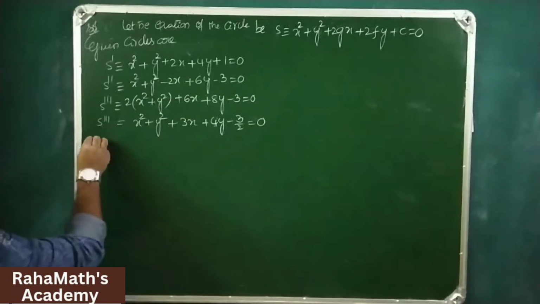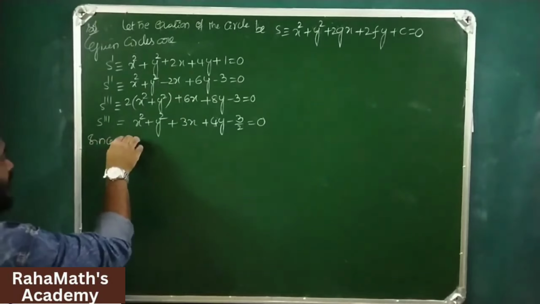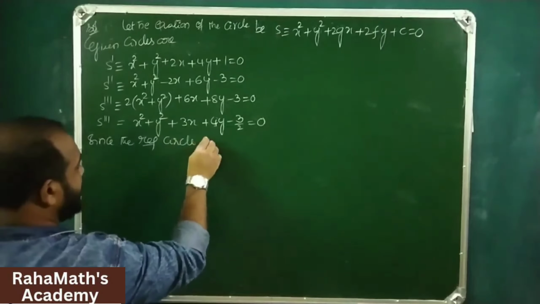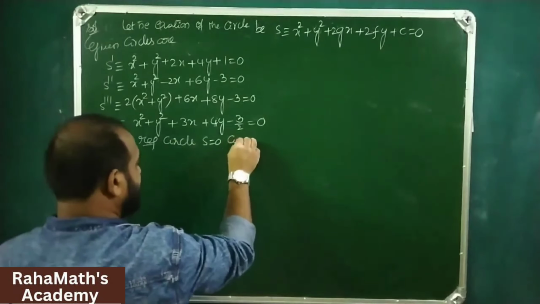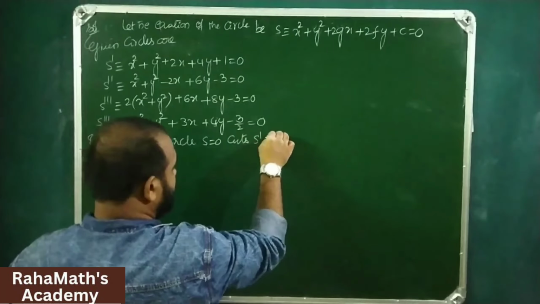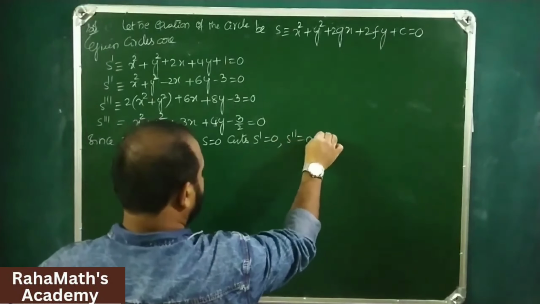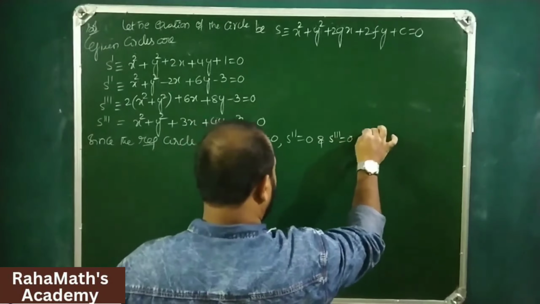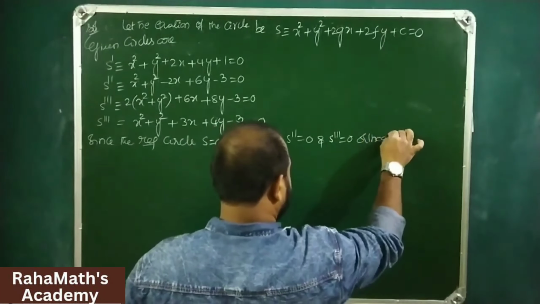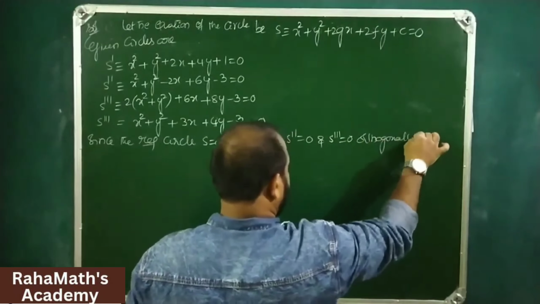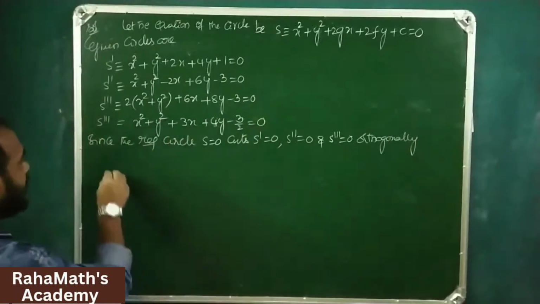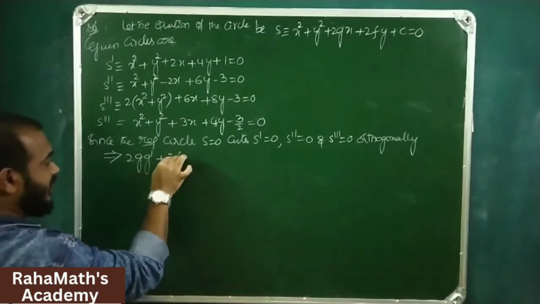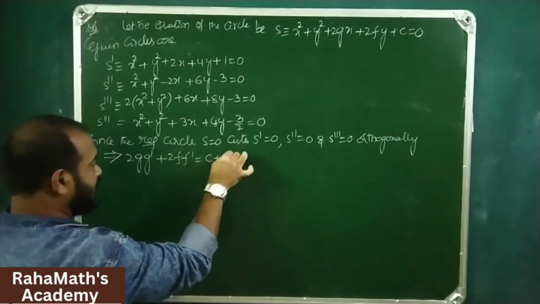Now since the required circle S equals to 0 cuts S dash equals to 0, S double dash equals to 0 and S triple dash equals to 0 orthogonally, the condition is 2gg dash plus 2ff dash is equal to c plus c dash.